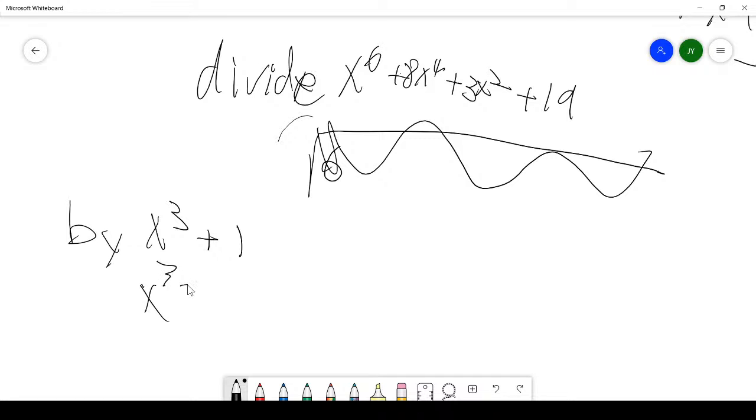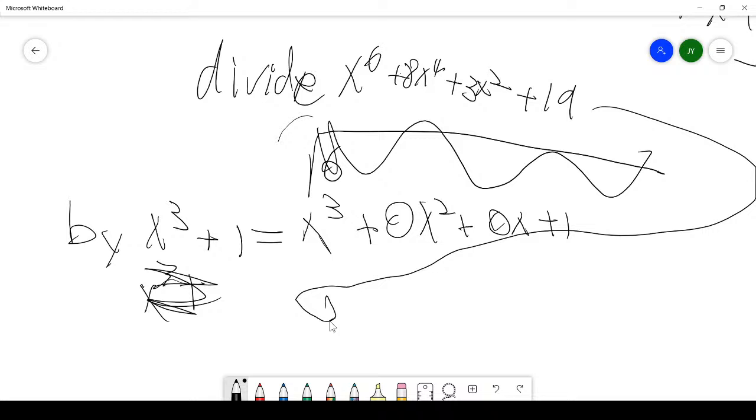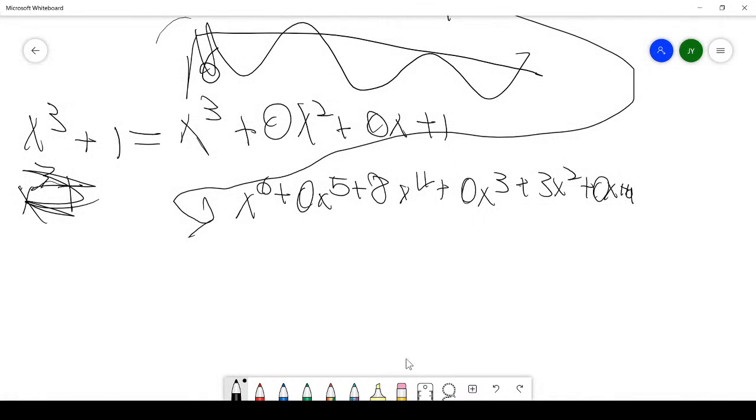So x plus 3 is equal to x to the third plus 0x squared plus 0x plus 1, and this is equal to x to the sixth plus 0x to the fifth plus 8x to the fourth plus 0x to the third plus 3x squared plus 0x plus 19. You need to have this all written out when you try to divide it.